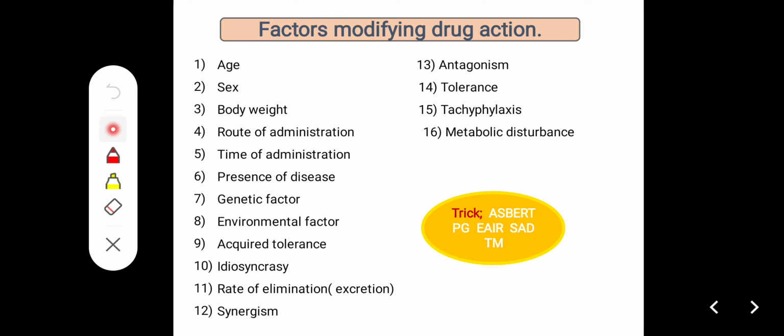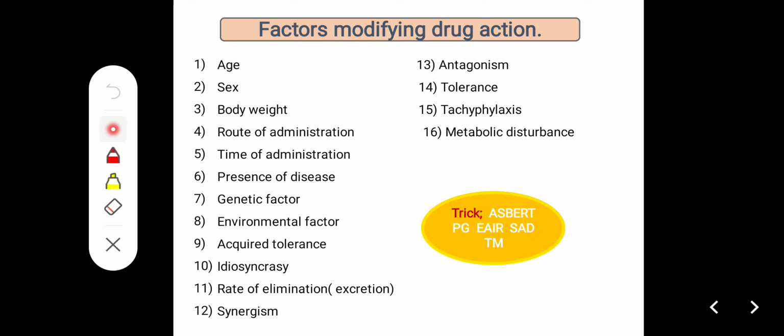Example: morphine and naloxone. When a person suffers from morphine poisoning, naloxone is the antidote to prevent morphine poisoning. Antagonism simply means the drugs act opposite to each other.